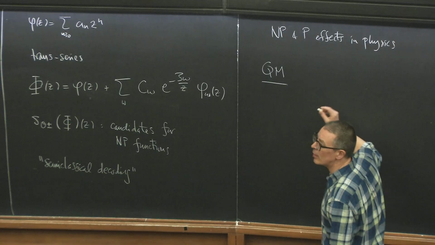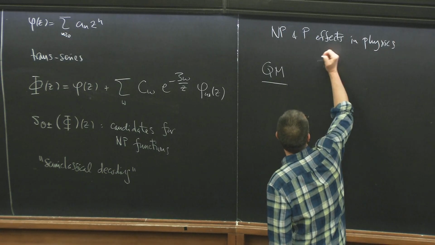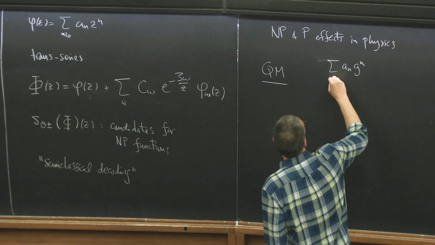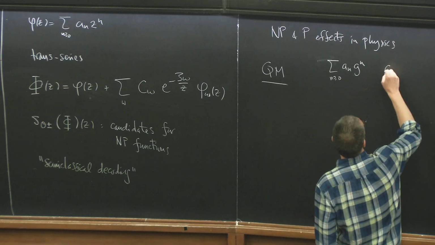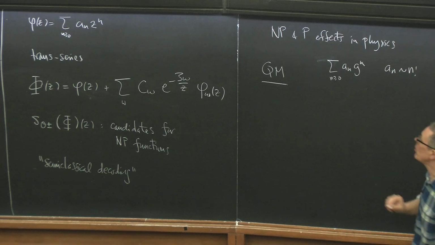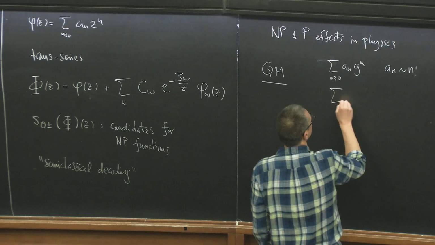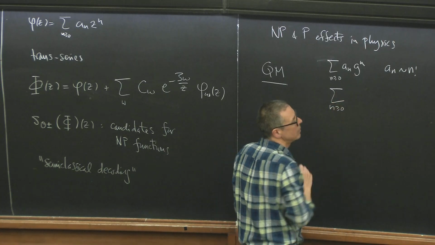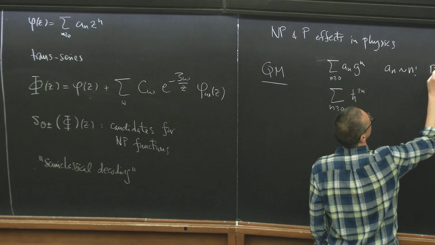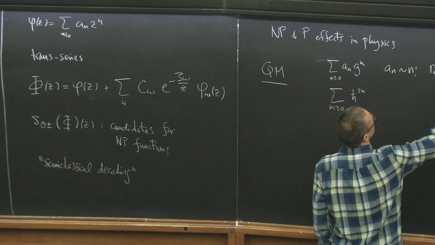Now, in quantum mechanics, there are two types of series. There are series in the coupling constant, okay? And here, the a_n grow like n factorial. But there is also something else that you can do, which is calculate series in the Planck constant. So this is perturbation theory in a coupling constant.